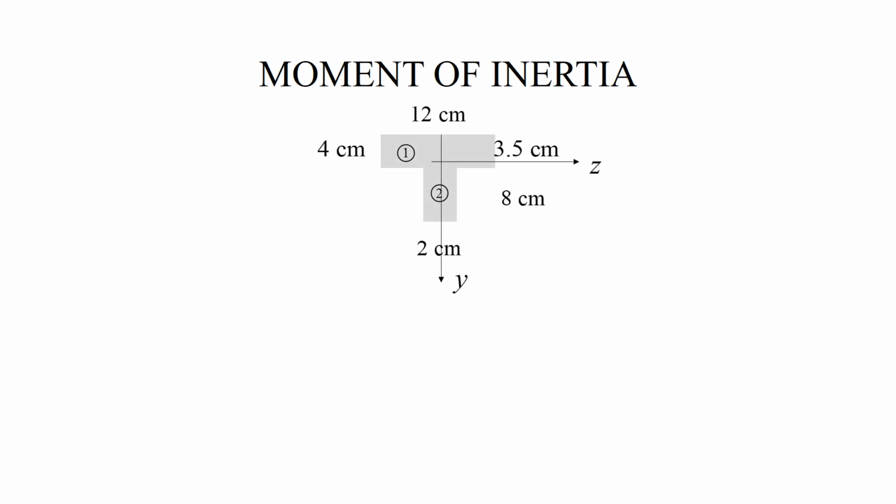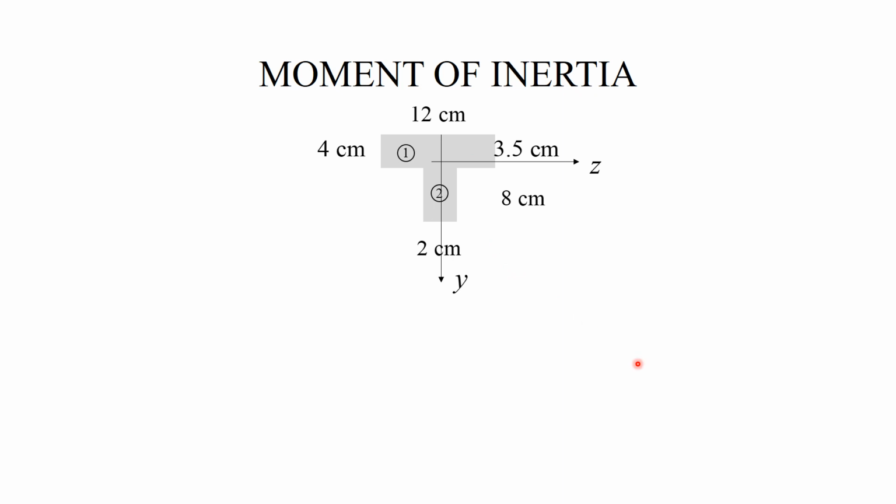My next step is to calculate the moment of inertia. To this end, I will redraw the cross section and show now the axes z and y, and of course the origin is now at the centroid. I also mark 3.5 centimeters, which is the distance from the top to the z-axis within the cross section.